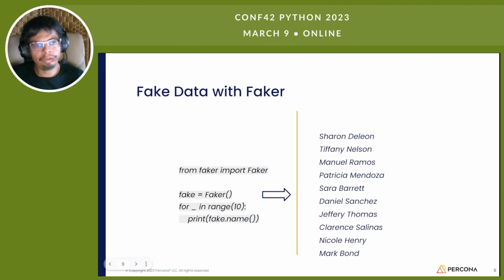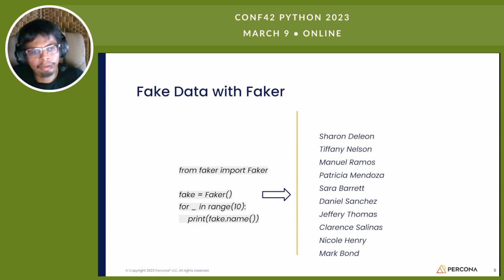Well, how do we use Faker? Faker has some built-in providers and properties that we use for generating data. Name is one of those properties. So first we need to import Faker and initialize Faker.